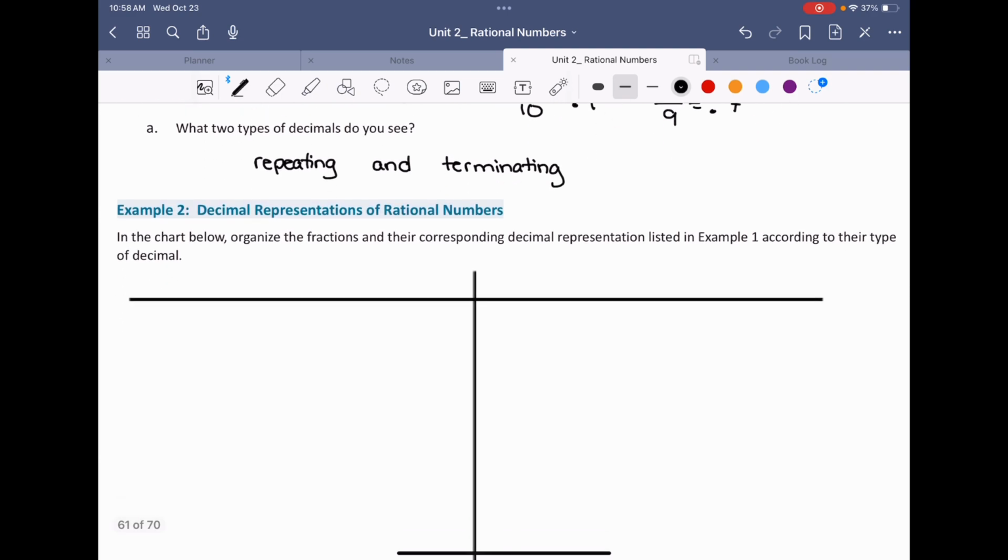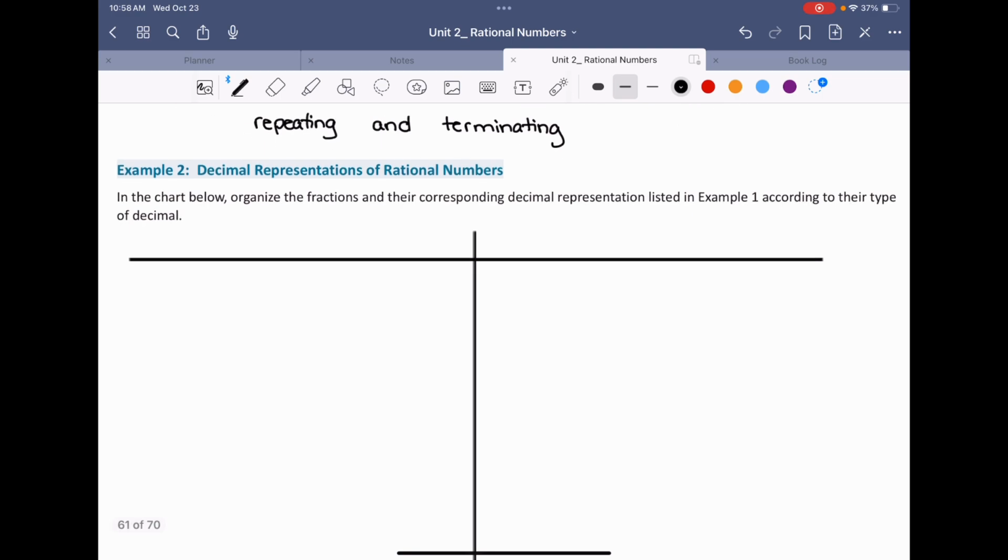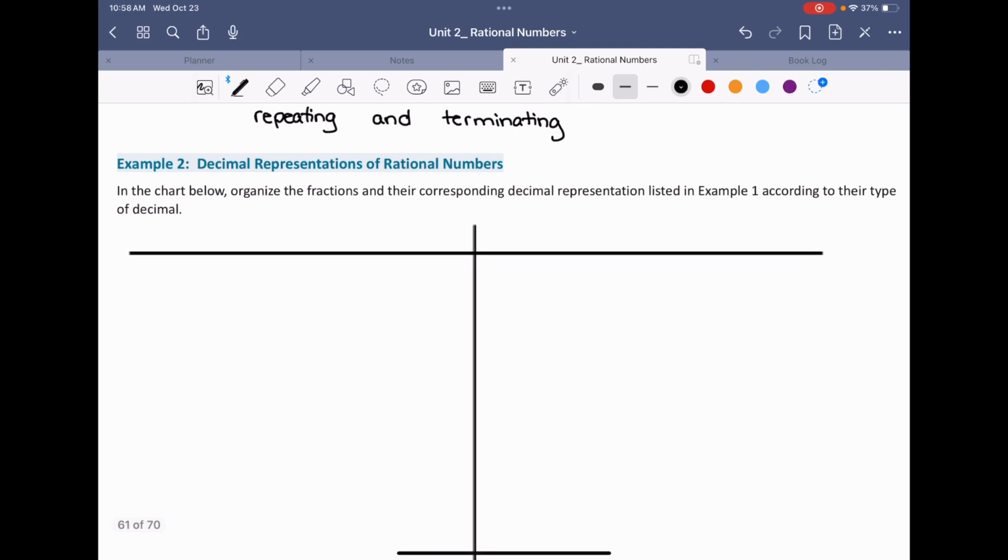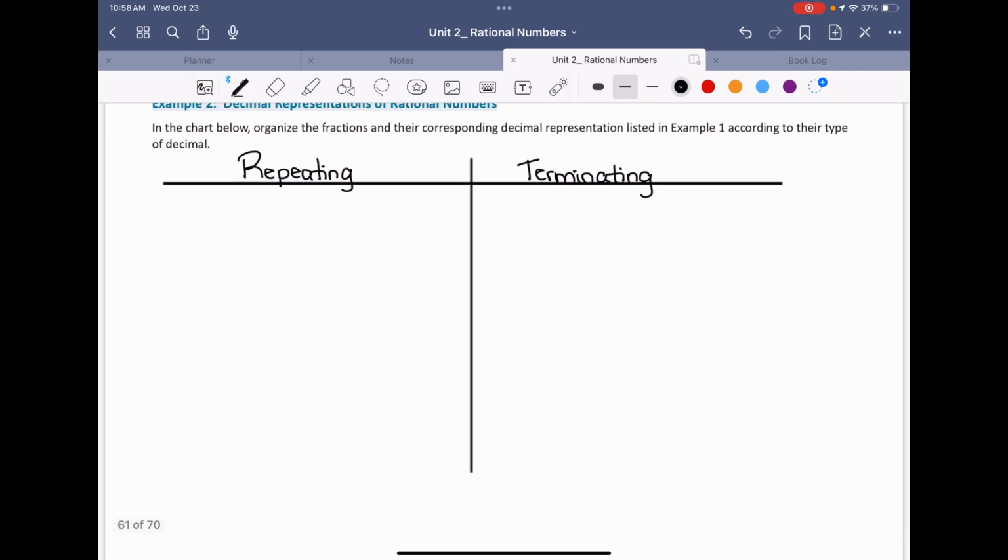Down below, we're going to create a T-chart. We're going to take those two things, repeating and terminating, and place them at the top of our T-chart. Repeating, terminating. And we're just going to take our examples and list them in the proper section. So our repeating, I had 1/2, 4/5, 1/10.